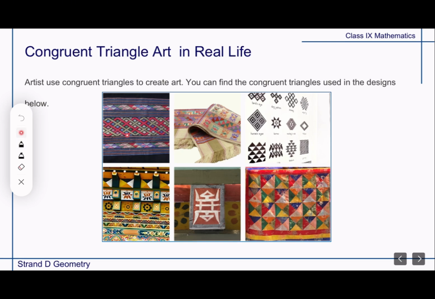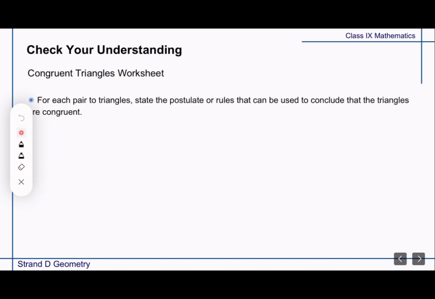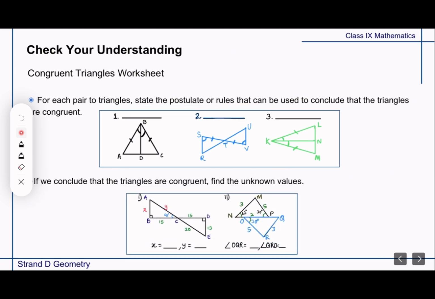So if you look at this first design, congruent triangles, second design as well, third, even in the designs here we notice that congruent triangles are being used. Now, you can check your understanding by solving a few of the questions provided here.